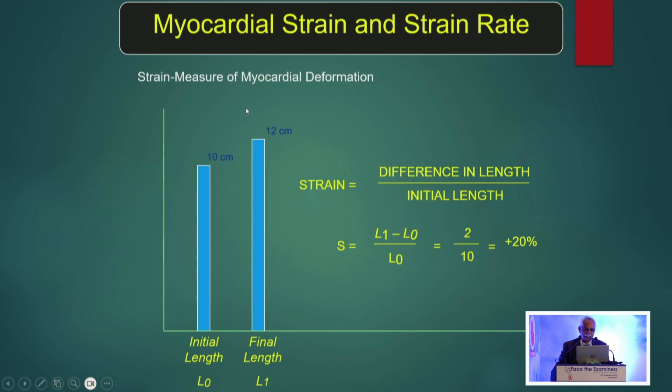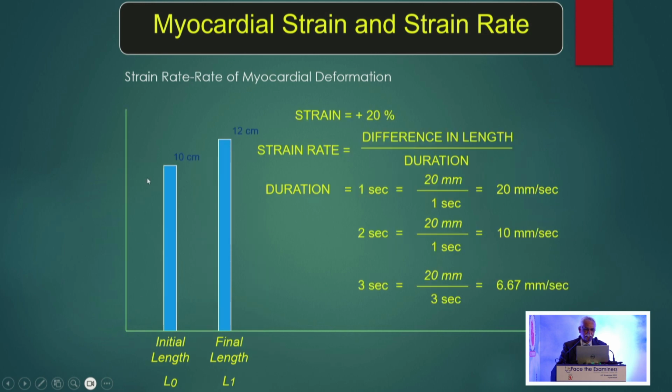Because it is lengthening, it is plus 20%, so the myocardial strain is plus 20% in this patient. In this example, the initial length is 10 centimeters, and during contraction the final length is 8 centimeters. So there is a decrease in length of 2 centimeters. Minus 2 divided by 10 is minus 20, so the strain will be minus 20.